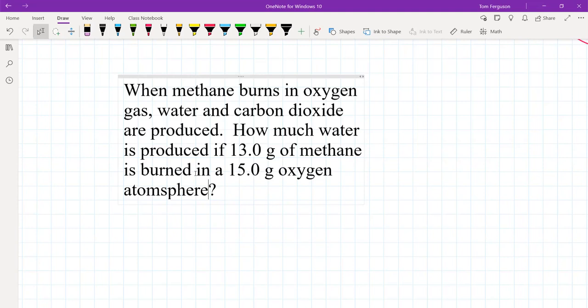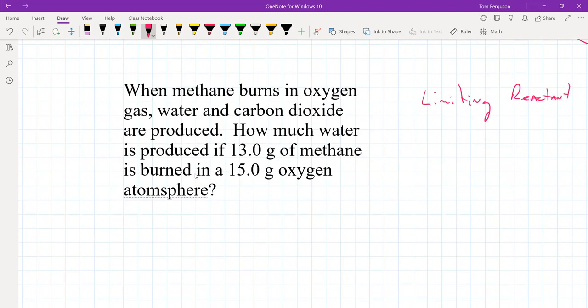That is two calculations, just like we've been doing. We start with one, doesn't matter which one, see how much water we make. We do the other one, see how much water we make. Whatever makes the least amount of water limits the reaction. Hence, this is called a limiting reactant.